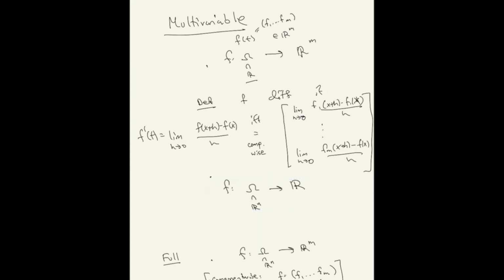Well, the second setting, which is really the interesting one that we will focus on, is when the domain has many variables, Rn. Because when the domain has many variables, we have something like the temperature in space.